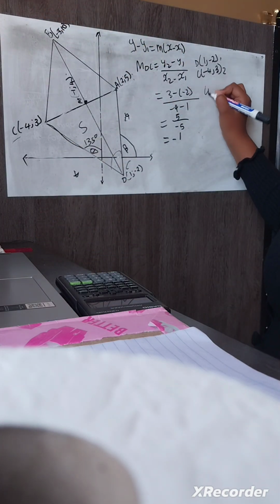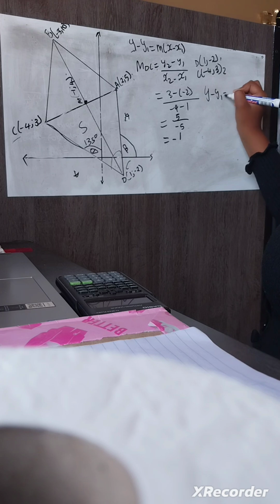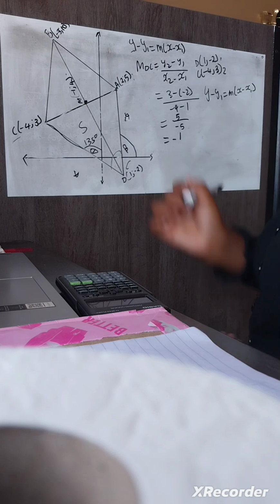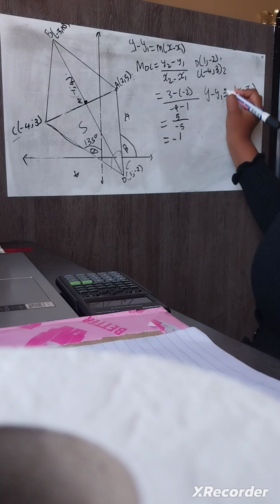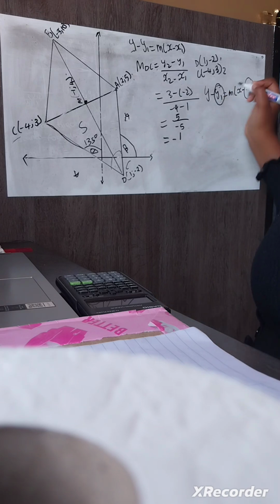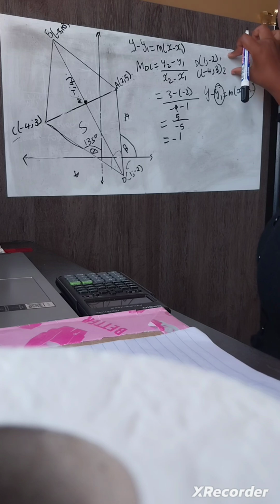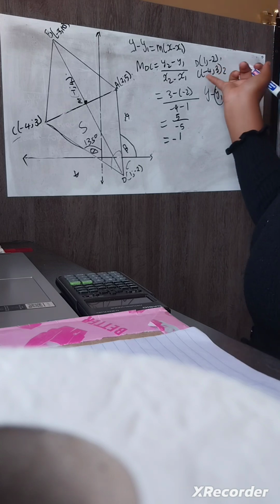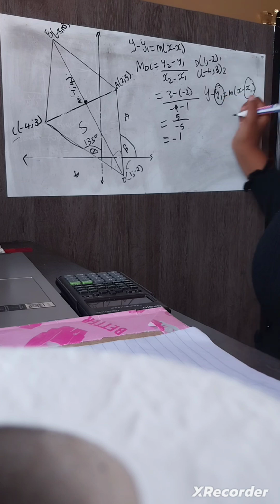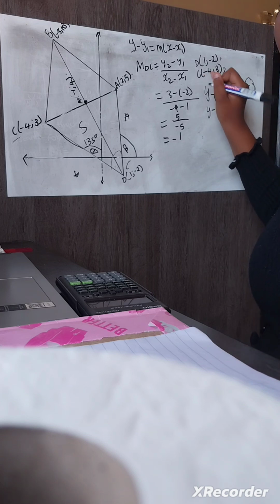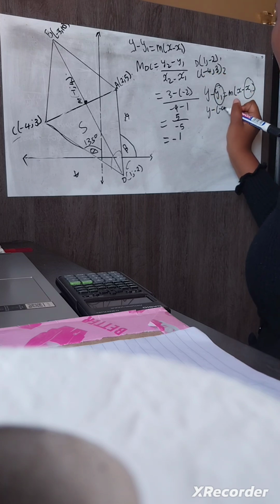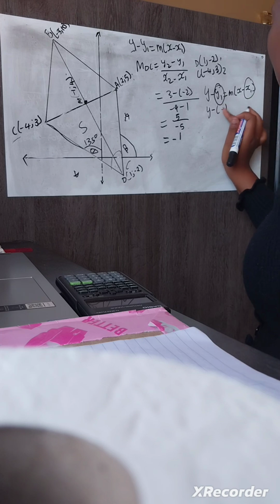We'll have y minus y1 is equal to m into x minus x1. Then you see these two coordinates, this one and this one. You're going to choose a point from these two. Am I right? So choosing a point, let's say I choose point C, then we'll have y minus, no, you see I'm making a mistake.